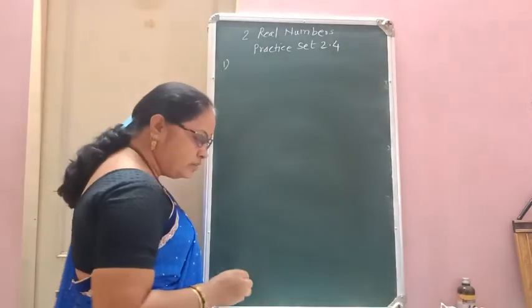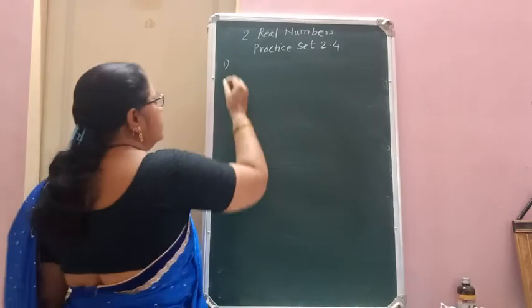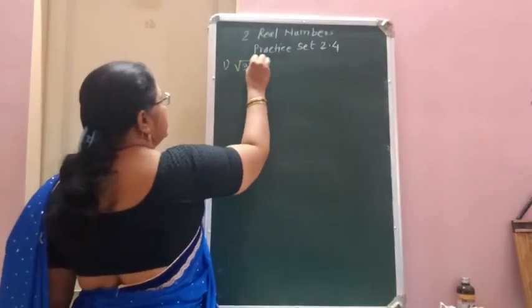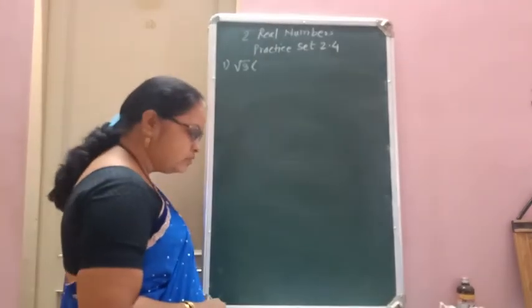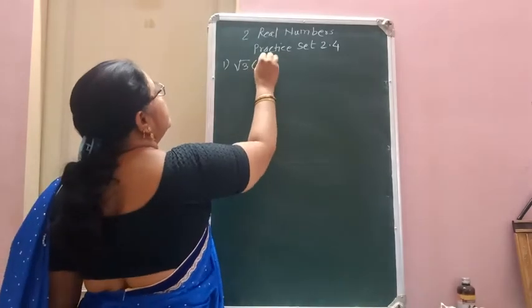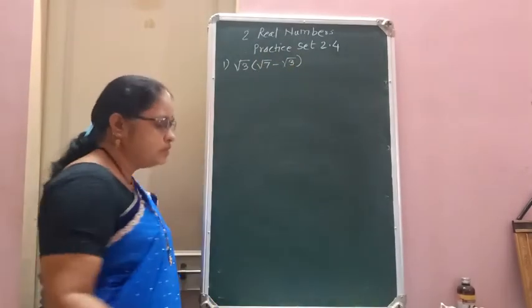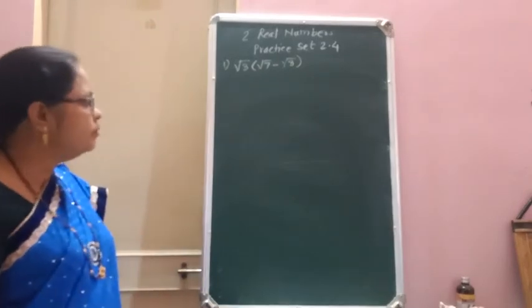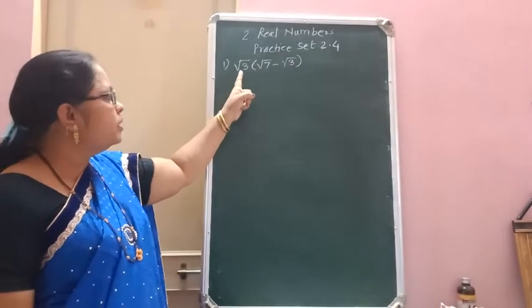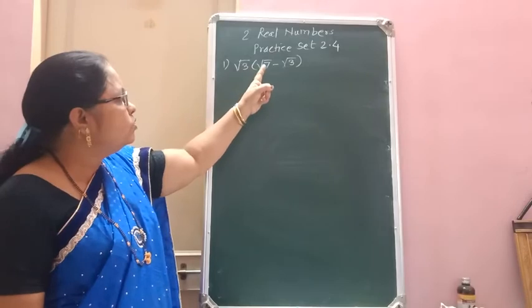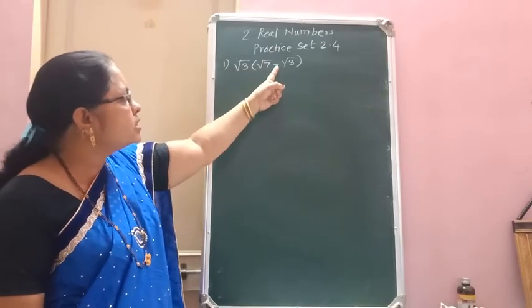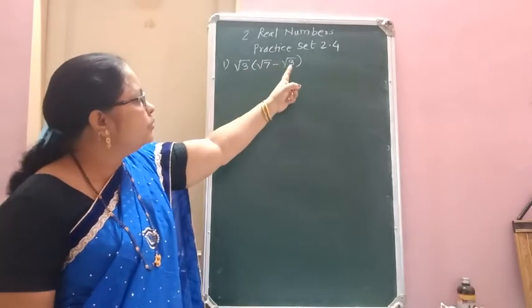While multiplying, we have to multiply the term outside the bracket to each term inside the bracket. See, we have to multiply root 3 by root 7, then minus sign, root 3 into root 3.